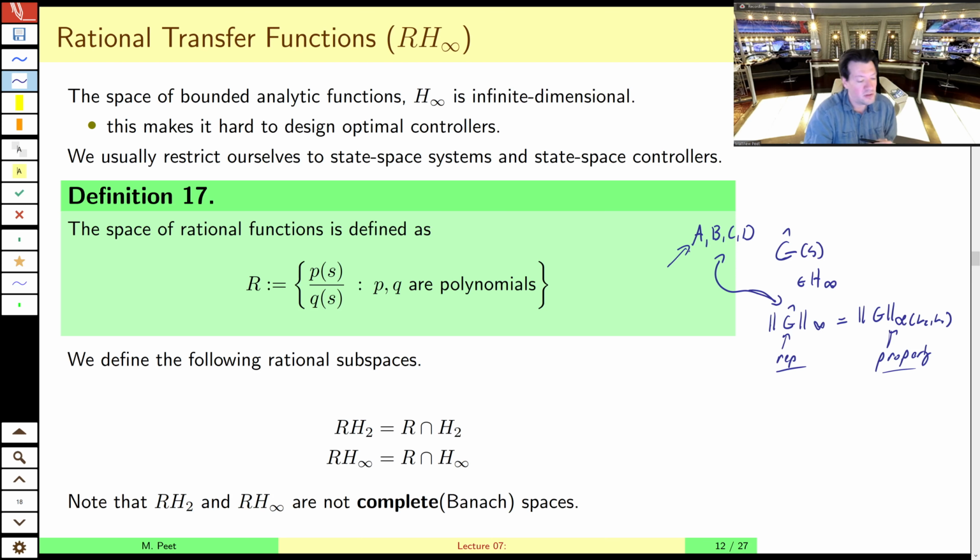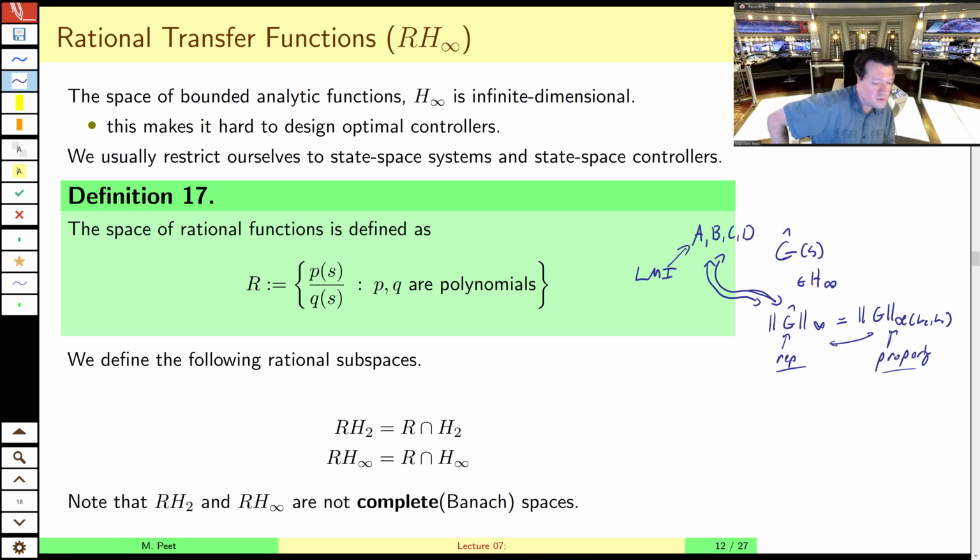We're going to pose an optimization problem, or an LMI, on those system representations, which are equivalent to the properties of the transfer function, which are then equivalent to properties of the system itself. So a little roundabout way of doing things.